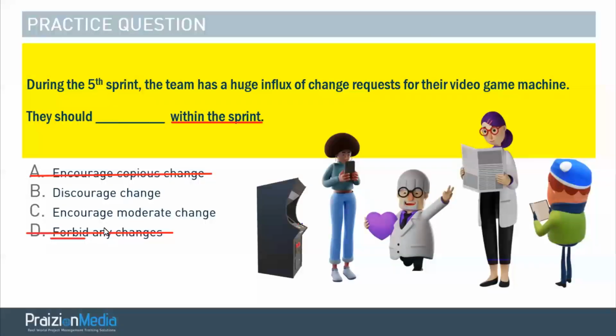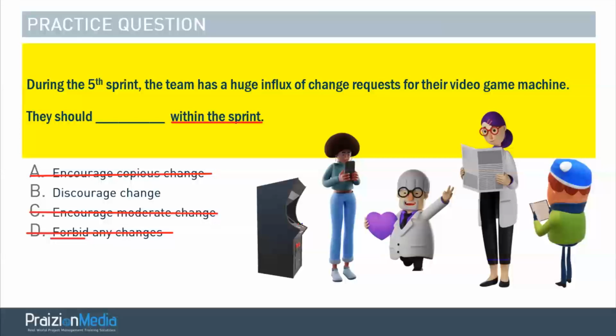Well, if there's change, how are they going to meet their promise? How are they going to meet the commitment? So while the team sets out in good faith, it would be foolish to encourage any type of change within the sprint, knowing fully well that they've budgeted to their capacity, they've estimated to their capacity. So C is not an appropriate response.